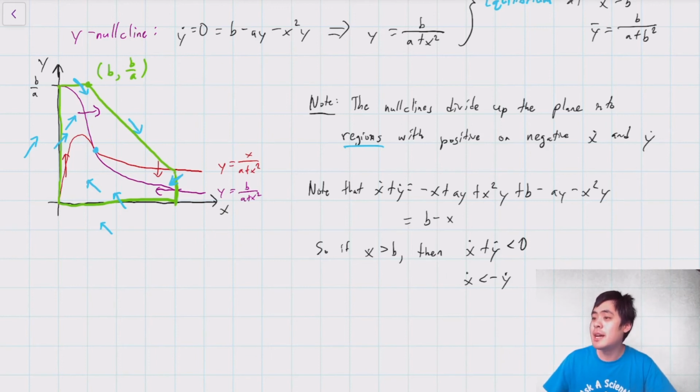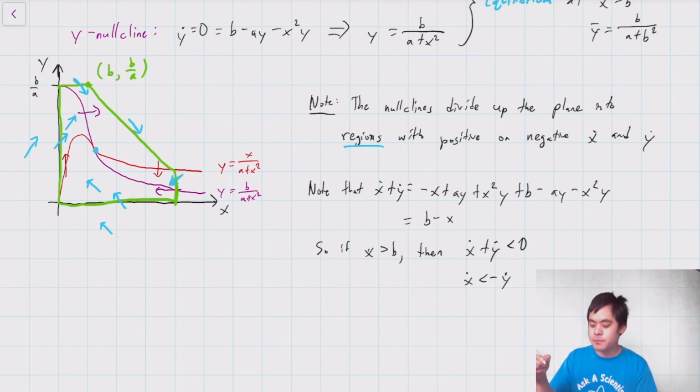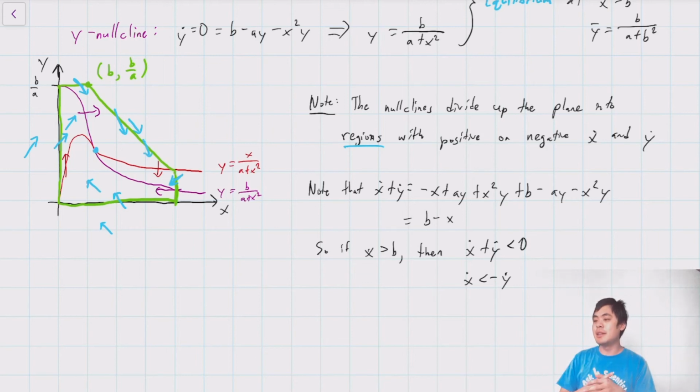What this means is that even if you're going in the positive direction, so long as x is greater than b, the direction you're moving in the x direction can't be greater than minus y. So this actually goes slightly down, because it has to be less than the x equals minus y line.